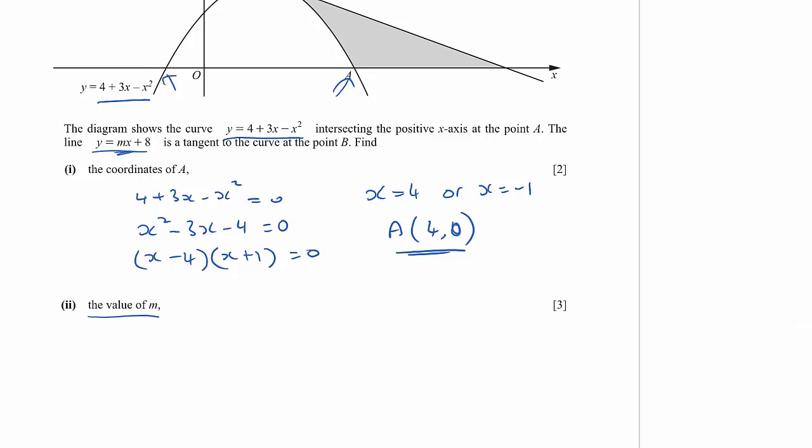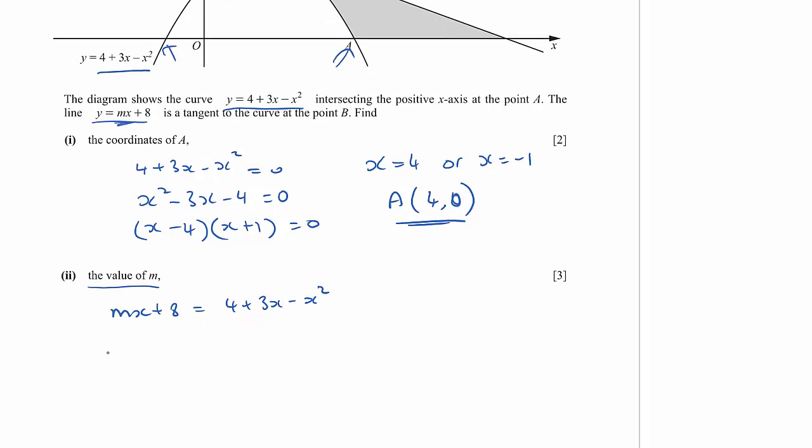So if I try to solve them simultaneously, I can have mx plus 8 is equal to 4 plus 3x minus x squared. Bring everything over this side, and we've got x squared plus (m minus 3)x, so that's the mx take away 3x, plus 4 is equal to 0.